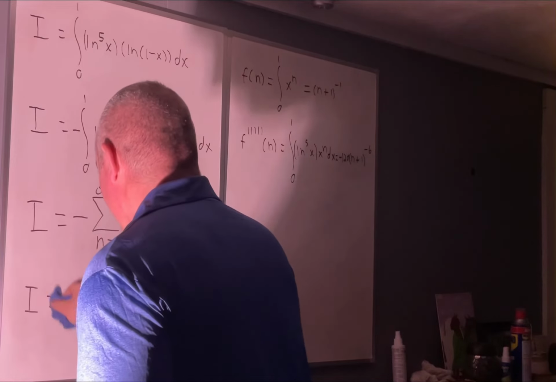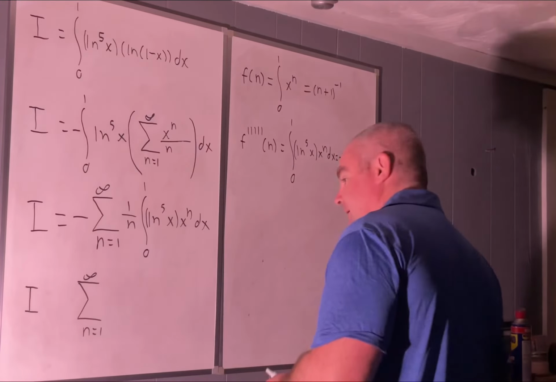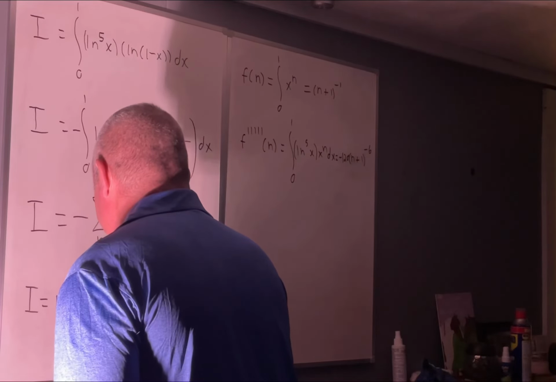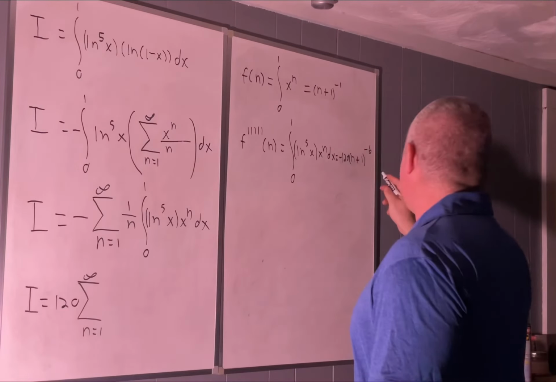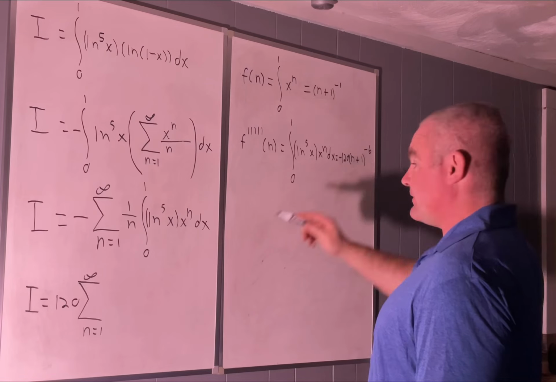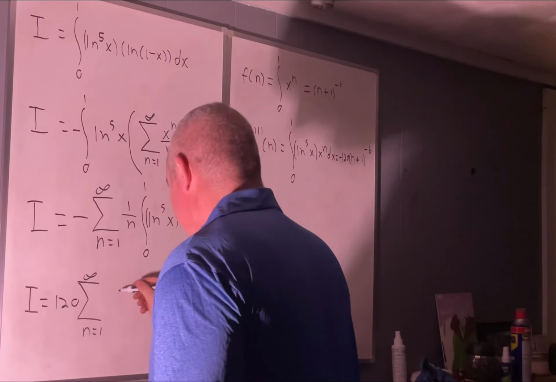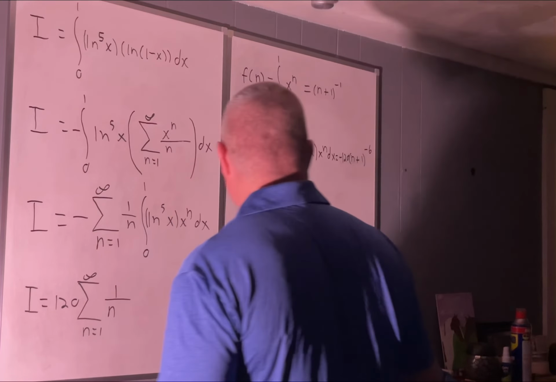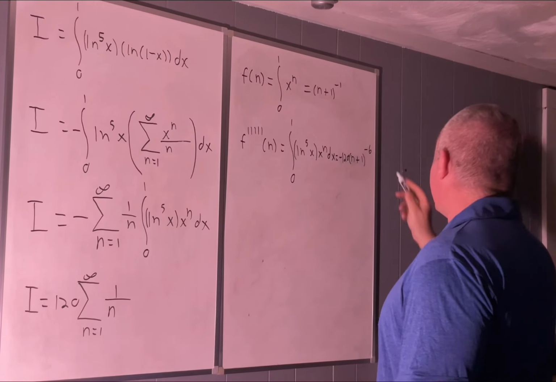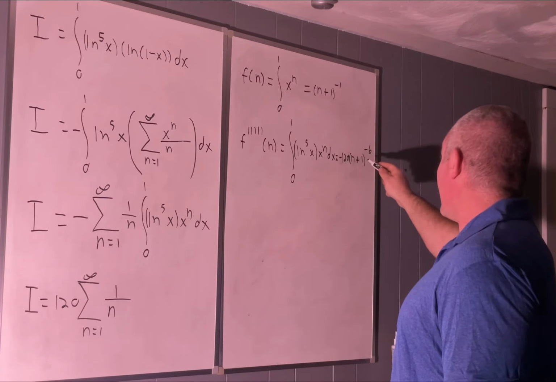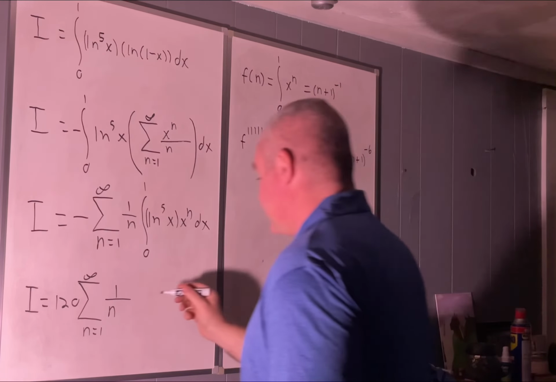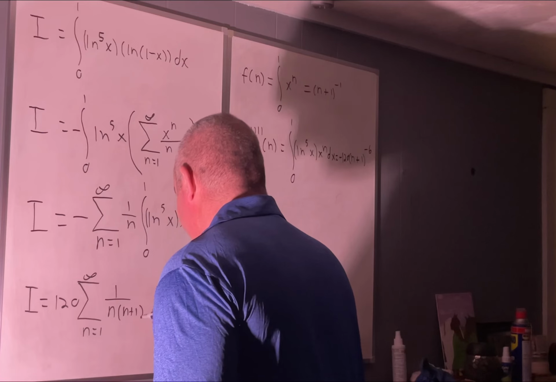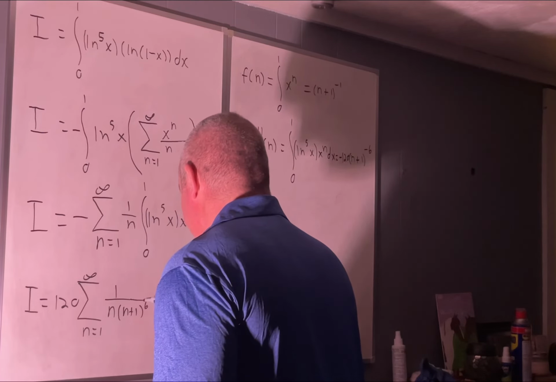And in fact, I will also bring out the 120. And then what do we have? We still have the 1 over n. And then we have n plus 1 to the negative 6, but we'll bring that to the denominator as n plus 1 to the 6th.